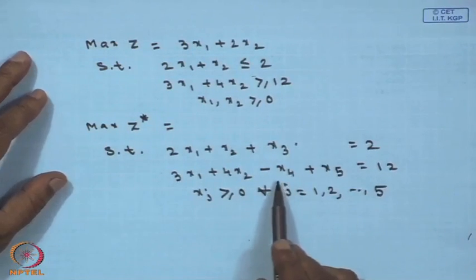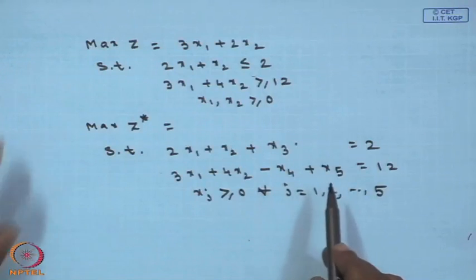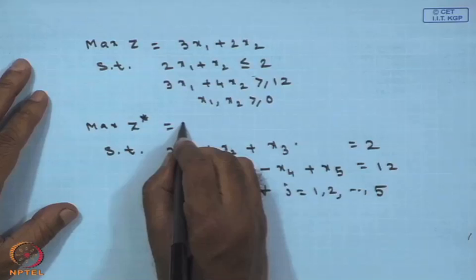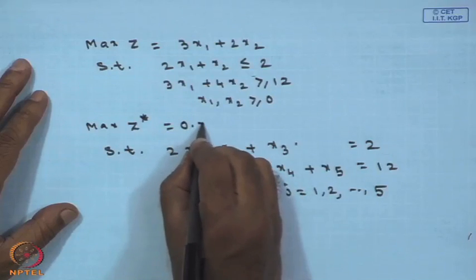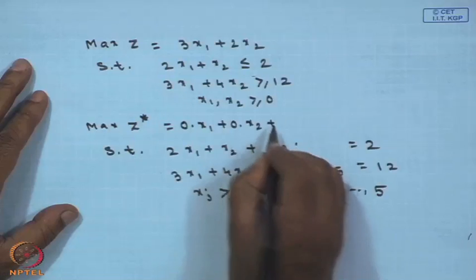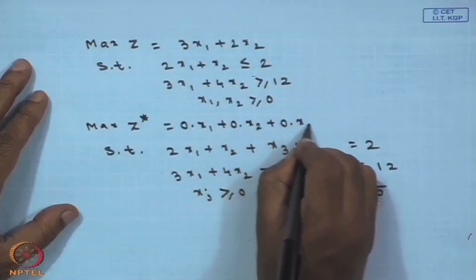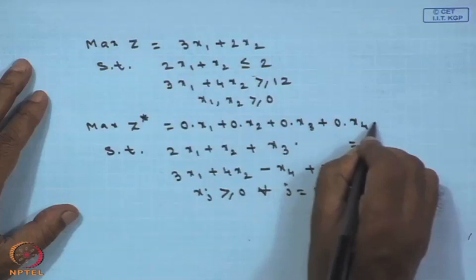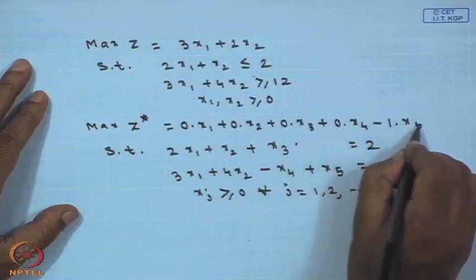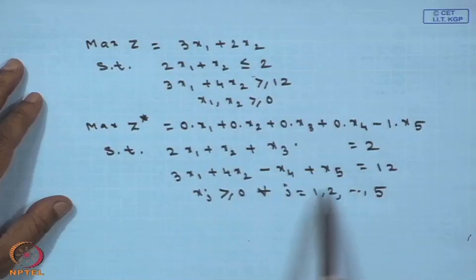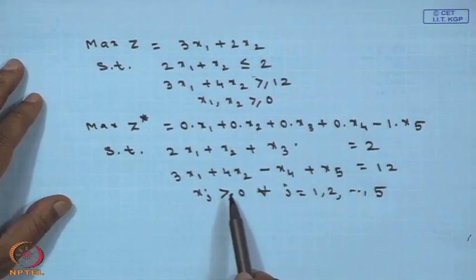So, here we are incorporating surplus and artificial variables. Maximize z star, the coefficients of all the variables will be 0 except the artificial variable. So, 0 into x 1, 0 into x 2, plus 0 into x 3, 0 into x 4, minus 1 into x 5. So, this is your initial standard form for phase 1 of the two phase method for this problem.